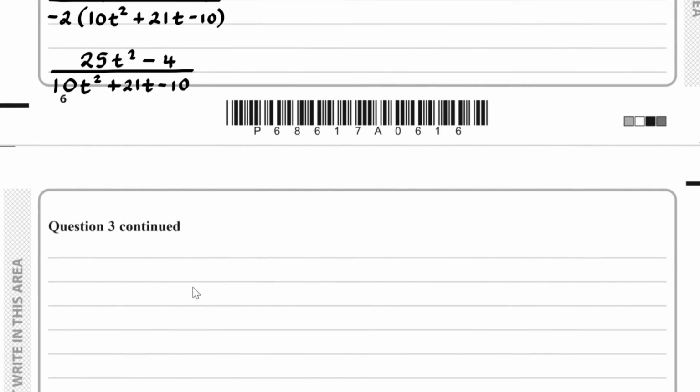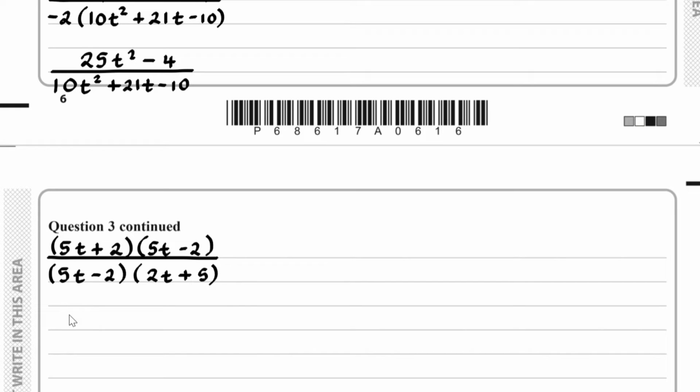Now the top and bottom can be factorized. On the top we can factorize as a difference of 2 squares, so we have 5t plus 2 multiplied by 5t subtract 2, and on the bottom we have 5t subtract 2 multiplied by 2t plus 5, and therefore what we end up with is 5t plus 2 over 2t plus 5.